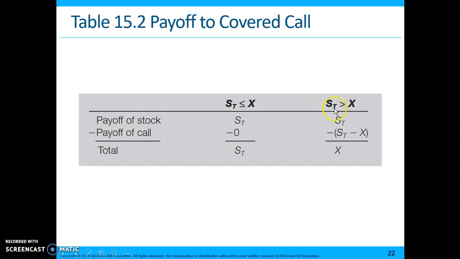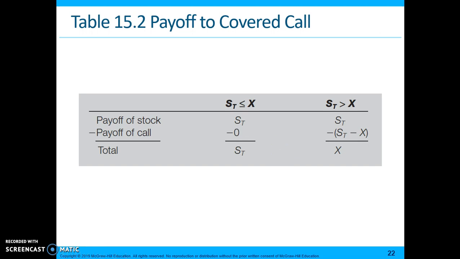If the stock price is above the strike price, we receive the strike price, because we've written this call and we're losing the value of the stock. This is a payoff, so this is just showing the benefit.